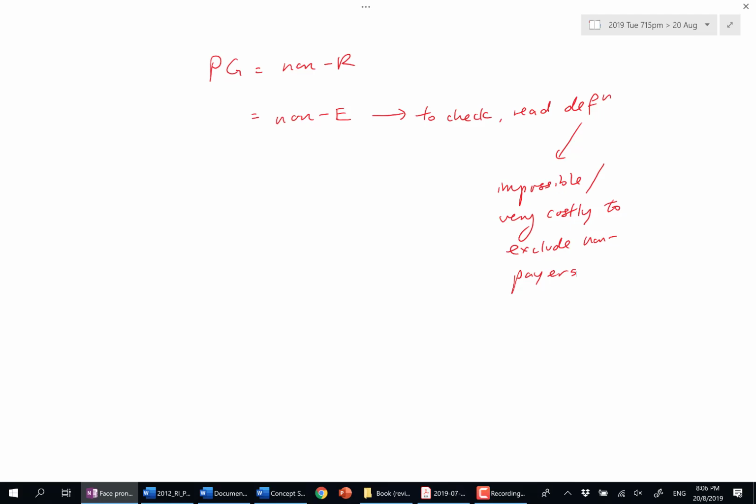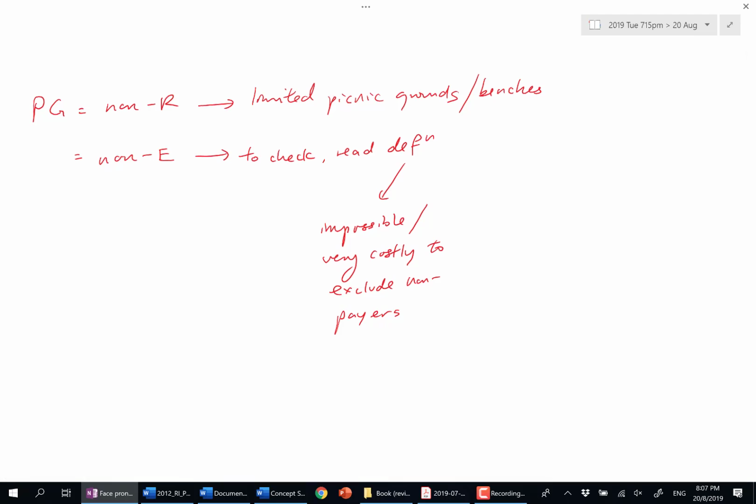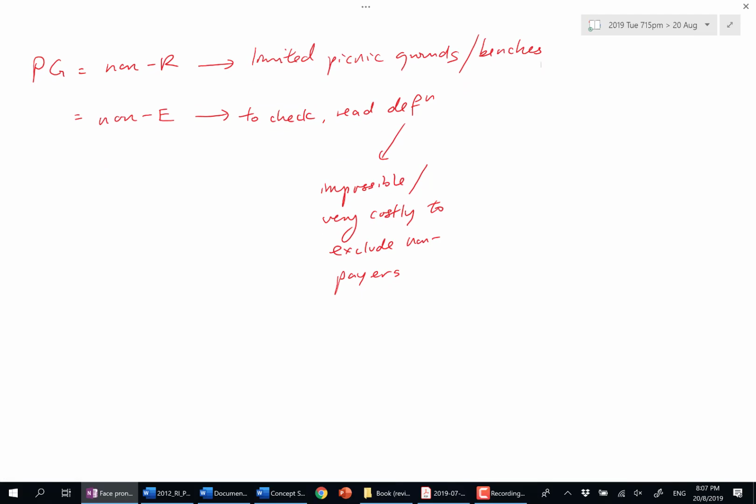If you are thinking rivalrous to some extent, yes, limited picnic grounds, limited benches, limited space, limited greenery, if you go and pick the flowers. But it is still rivalrous only to some extent. You're thinking of limited greenery like bushes, but you don't go there to hide in the bushes, right?